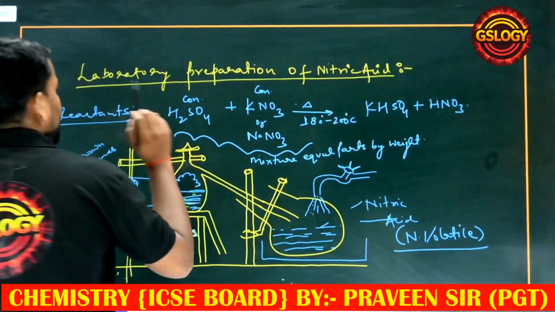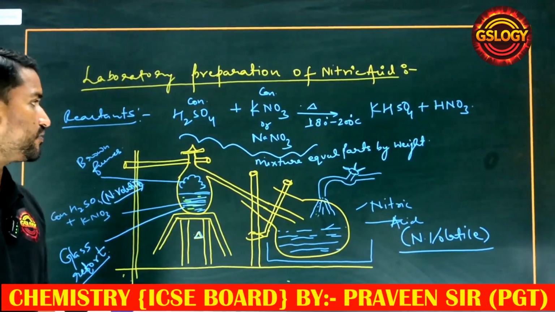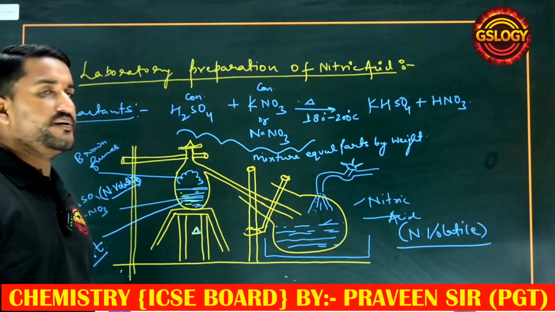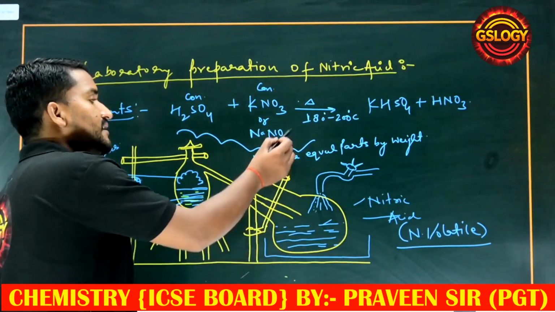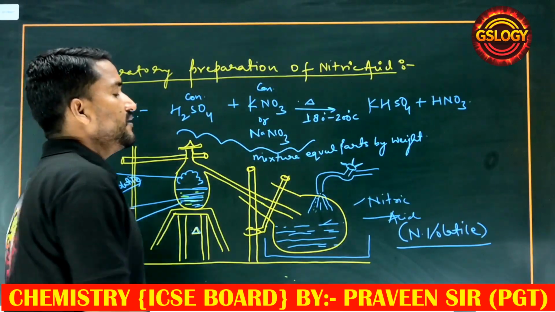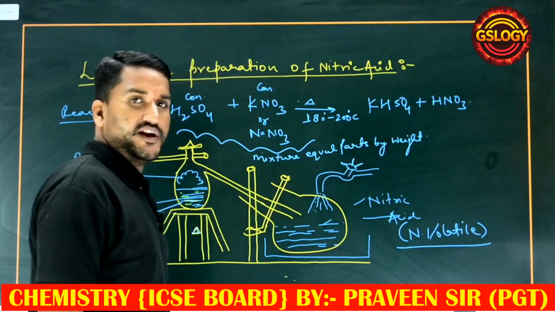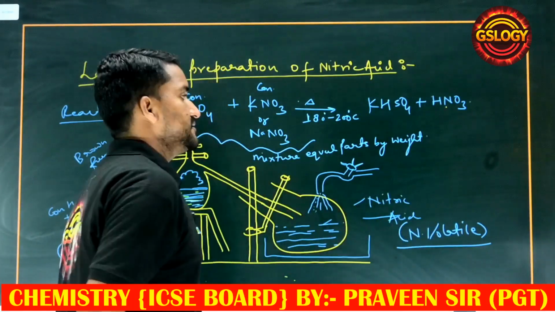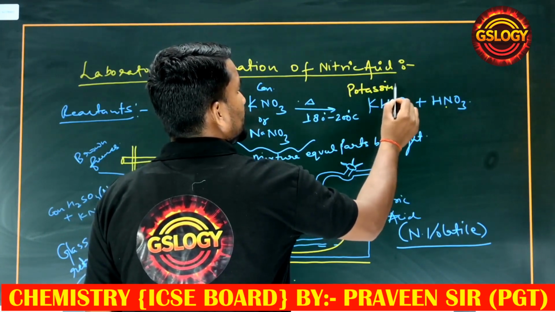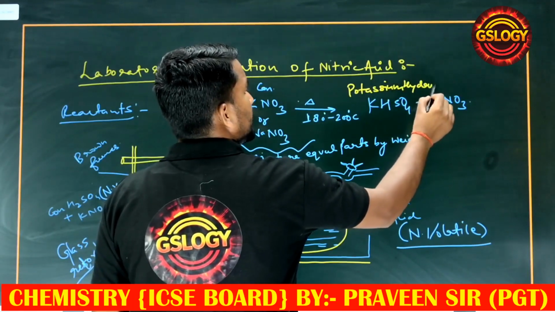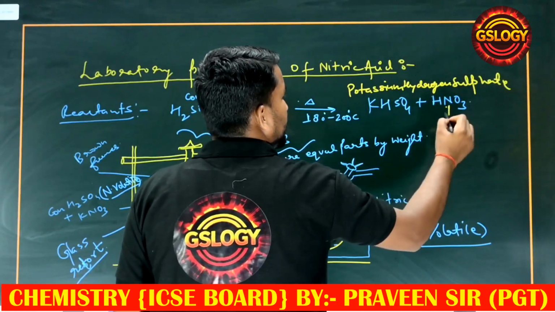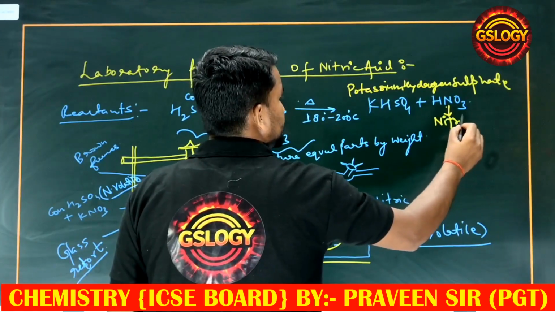Reactants: when concentrated H2SO4 reacts with potassium nitrate or sodium nitrate at 180 to 200 degrees Celsius, it forms potassium hydrogen sulfate and nitric acid.